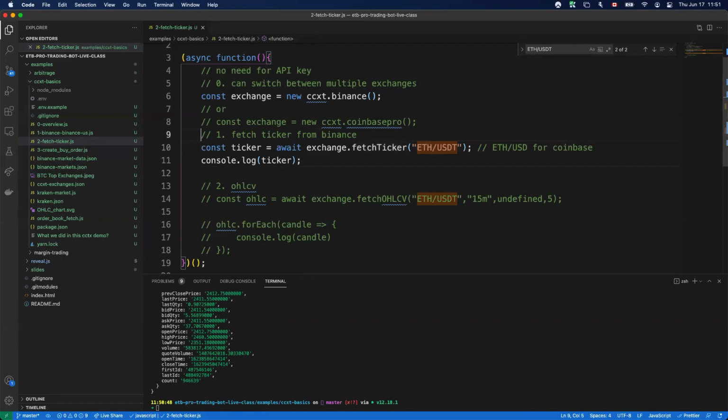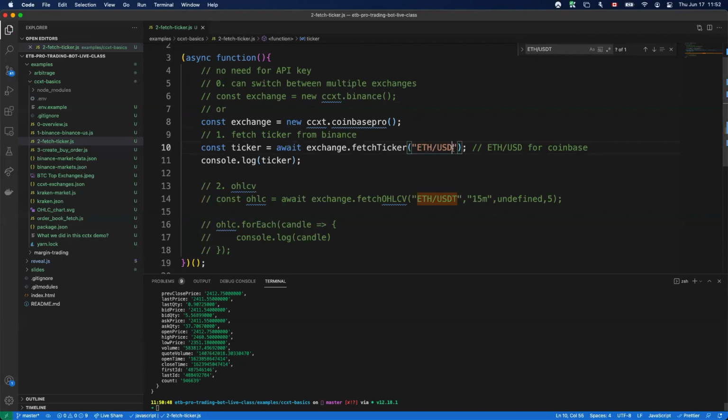Now, another care that you need to take in terms of fetching the ticker is, though it can be the same, there are some exceptions. If you're moving forward with Coinbase, then Coinbase does not have ETH to USDT. Instead, they have ETH to USD.